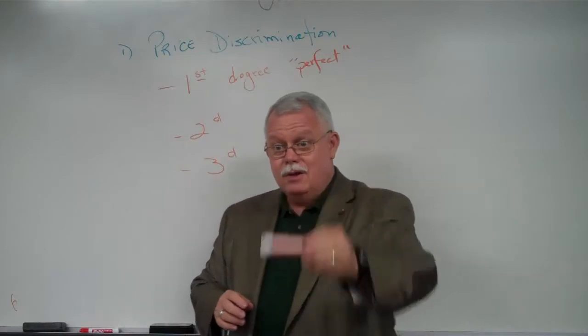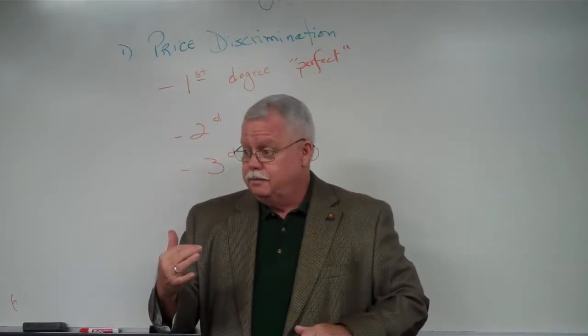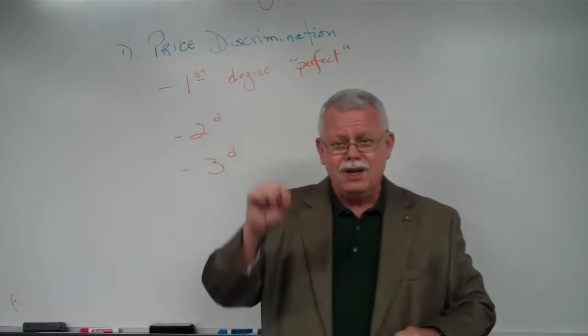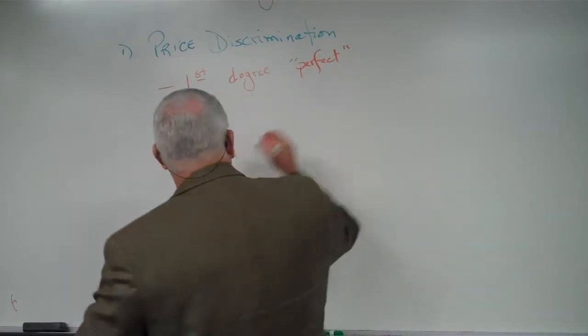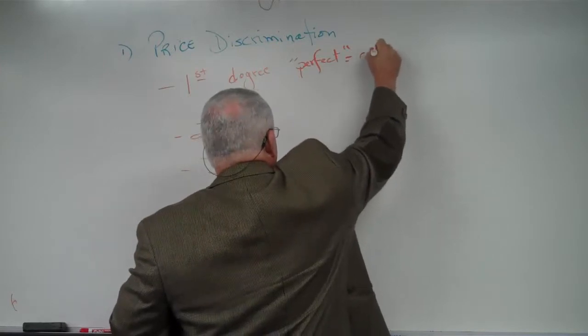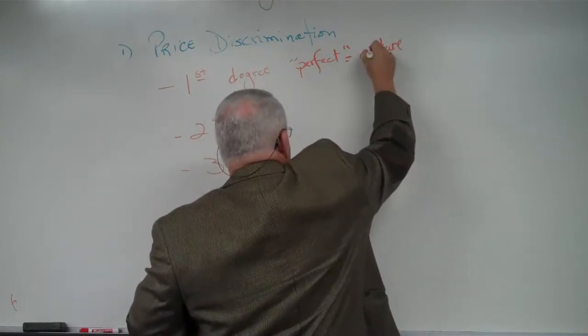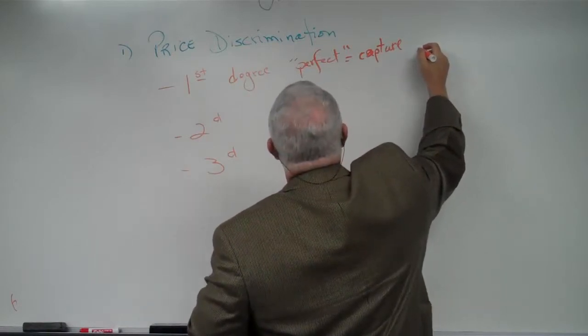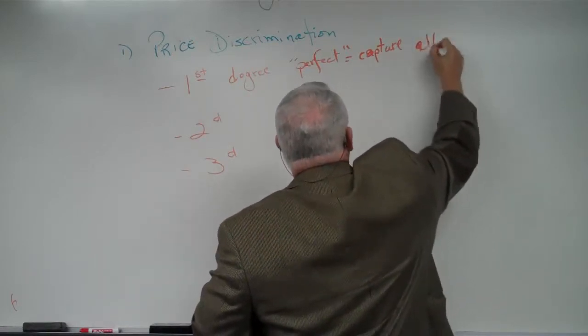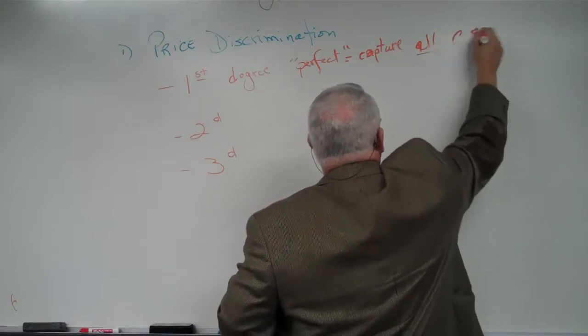His job, when you walk on that car lot, is to sell you a car for as much as you are willing to pay. If this worked perfectly, you would capture, theoretically, how much of the consumer surplus? Most or all of it? All, in theory. Capture all of the consumer surplus.